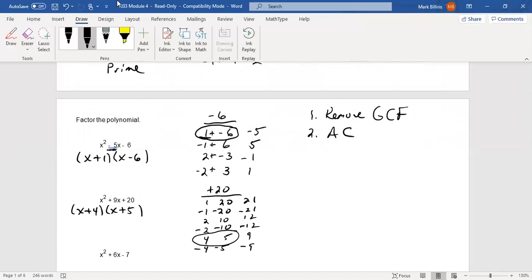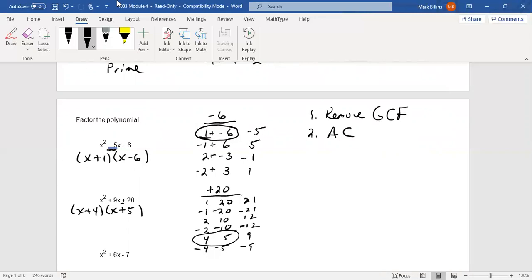Now your signs. Notice that 20 is a +20. That means my signs have to be the same, because the only way to get a positive answer is to multiply a positive times a positive or a negative times a negative. So that last sign tells you whether your signs should be the same or opposite.